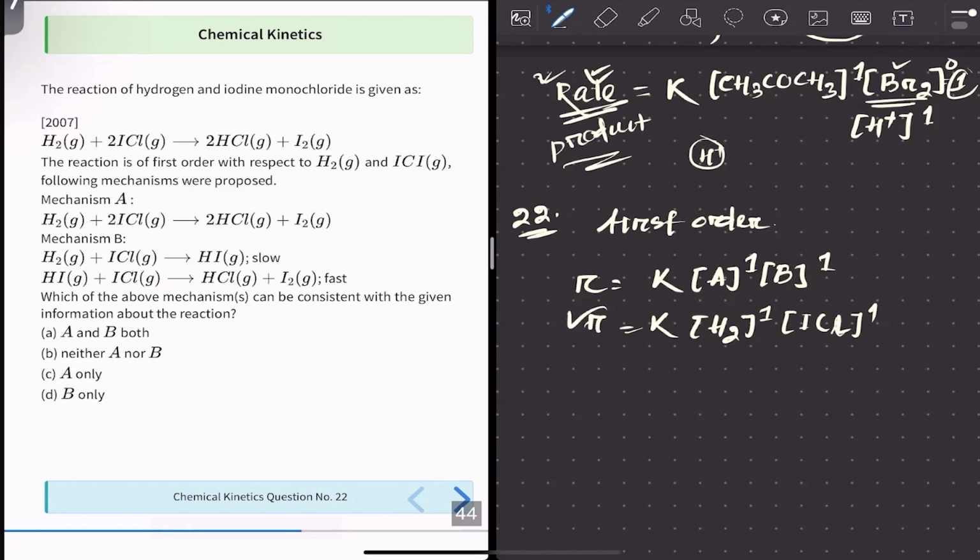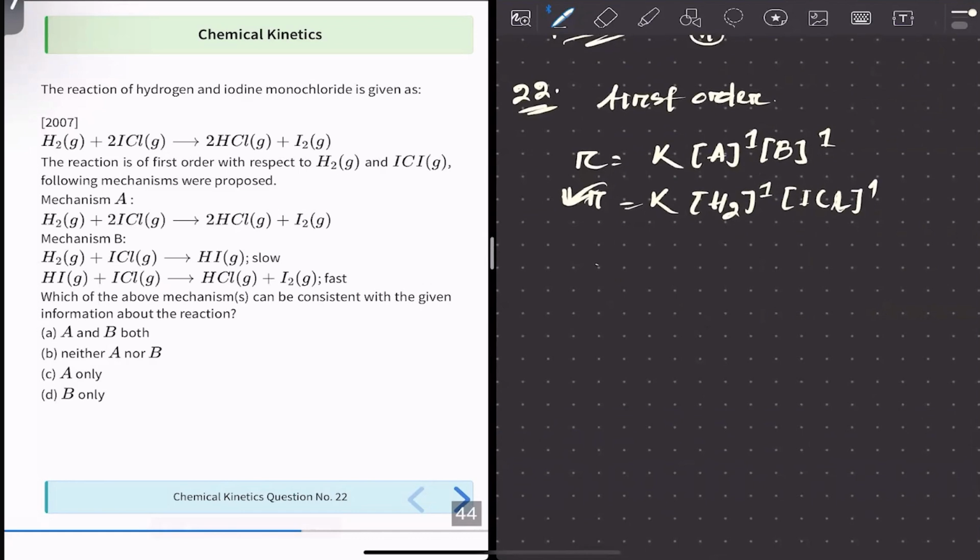But which of the mechanisms would match this rate of reaction? Mechanism A is given as hydrogen plus 2 iodine monochloride gives rise to 2 HCl plus I. That means it is denoting that it is an elementary reaction, and for an elementary reaction we use the stoichiometric coefficient as the superscript.